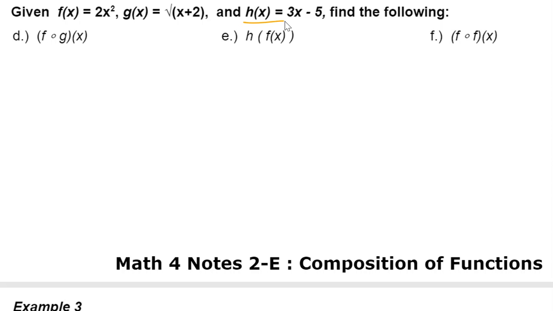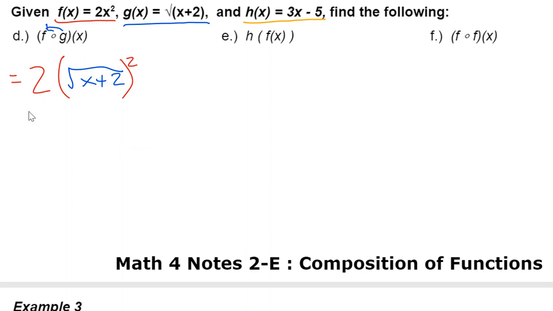I think we had H as yellow, and G as blue, and F of X as red. So now instead of plugging numbers in, we're using X. Maybe the easiest way to describe it is this: I'm going to stick G inside of F. So I'm going to start with F, and leave a big hole where X is, because that's where we're going to stuff G. And so instead of 2x squared, now it's 2 times this that is squared.